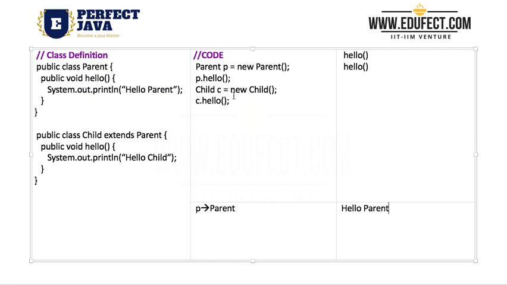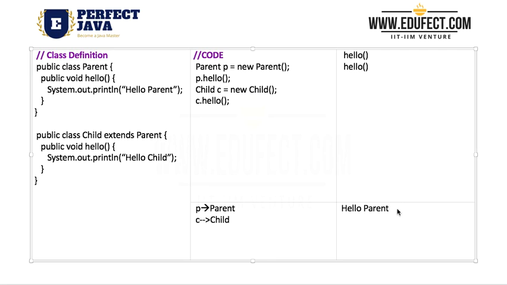Next we are saying child c is equal to new child. So we are creating a variable c, which is an object of type child. And then we are saying c.hello. So for the object c, we are calling the method hello. It will start searching for a method hello from here. Did it find a method hello? Yes. So what will it do?